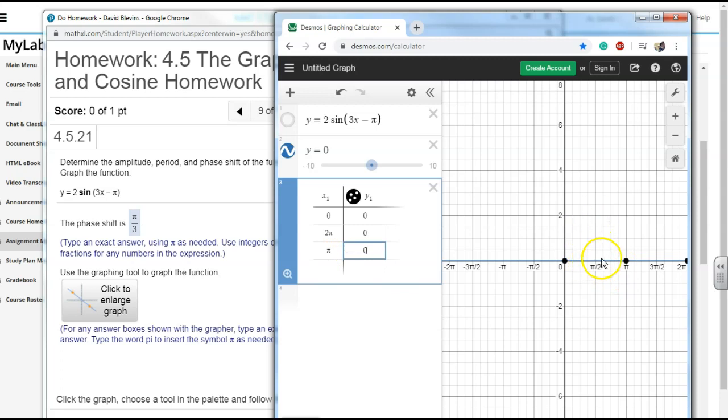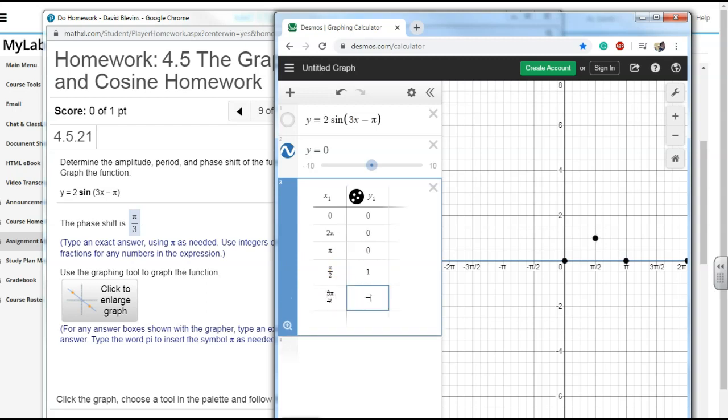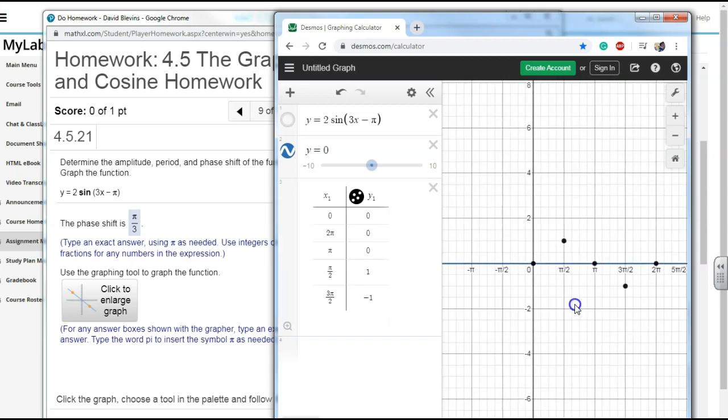And then at the midpoints, this pi over 2 and 3 pi over 2, let me start with the pi over 2, we are at the high points and the low points. So we're at 1, and then at 3 pi over 2, we are at negative 1. So this is the standard sine function. And again, there are 1, 2, 3, 4, 5 points there. These are the quarter points of one period of the sine function.